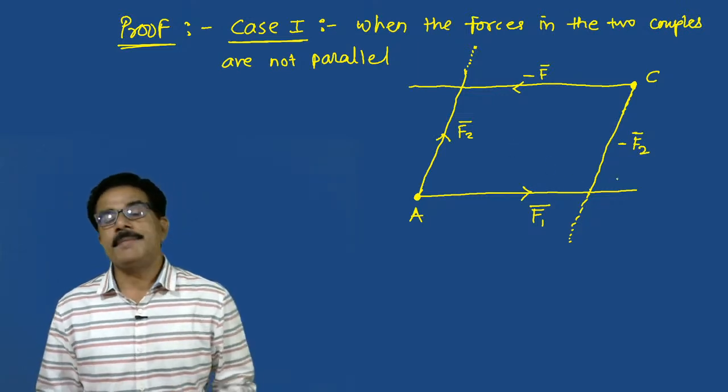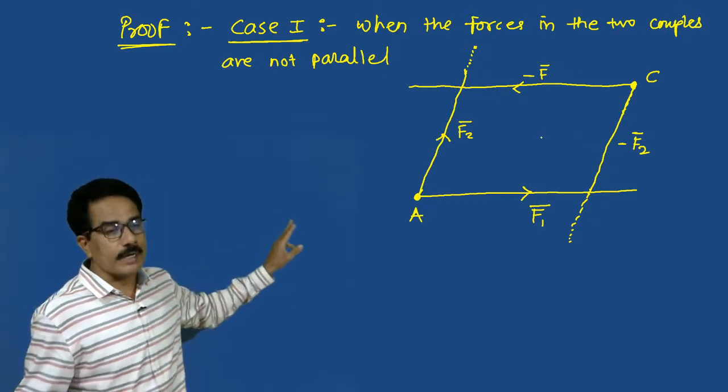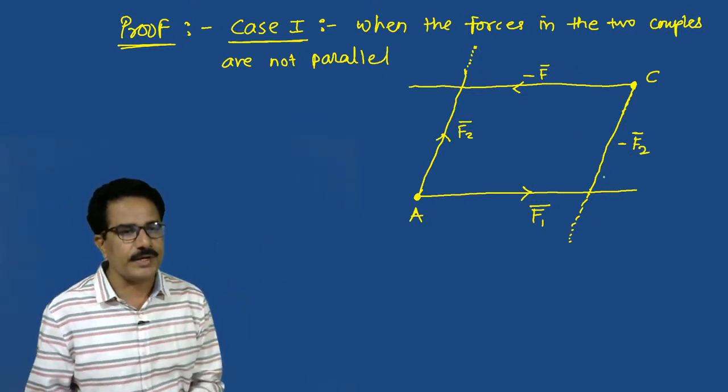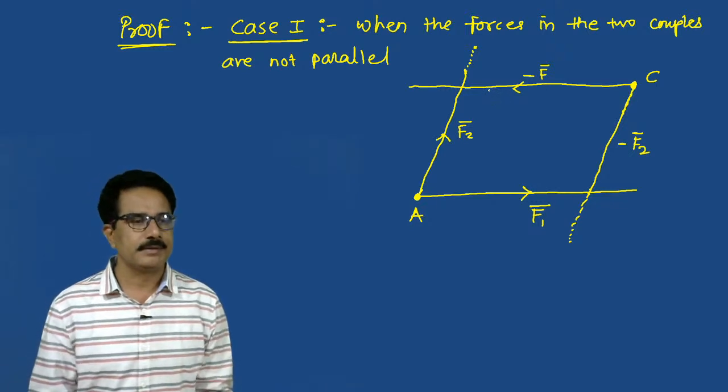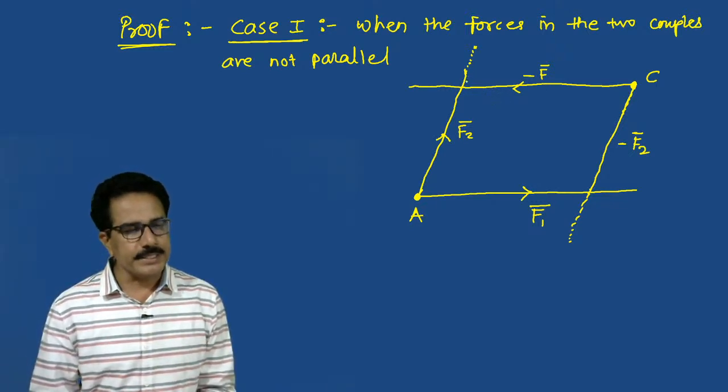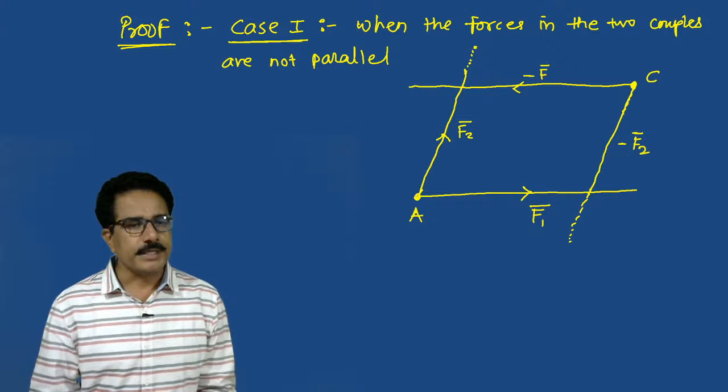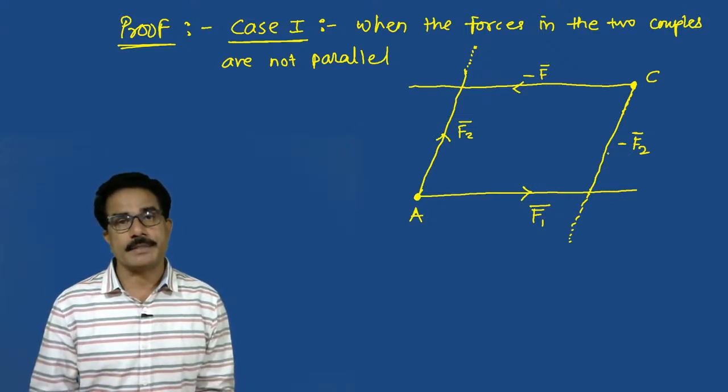Okay, that means there are two couples. First couple is F1 bar, minus F1 bar, and second couple is F2 bar, minus F2 bar.